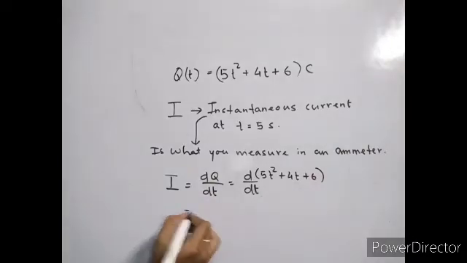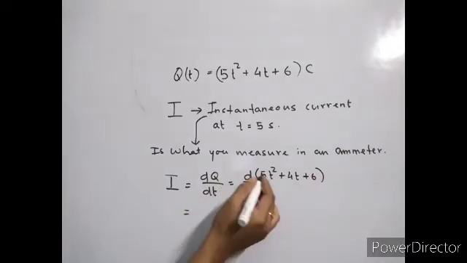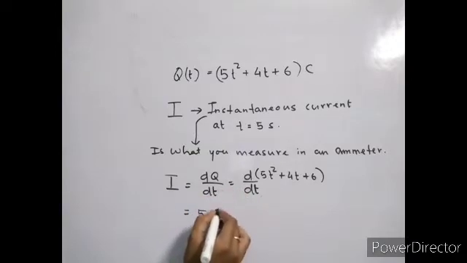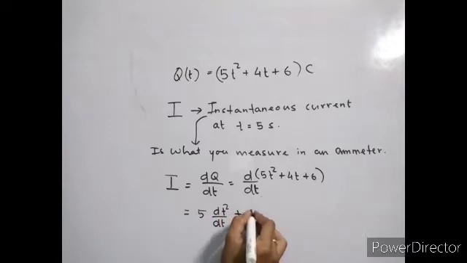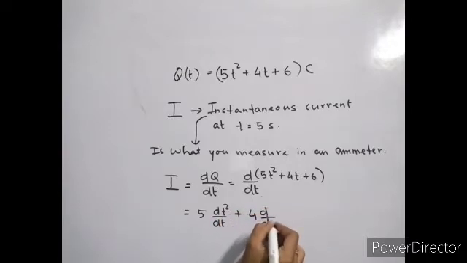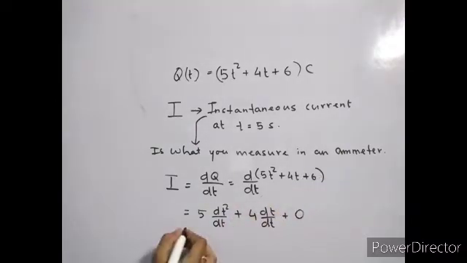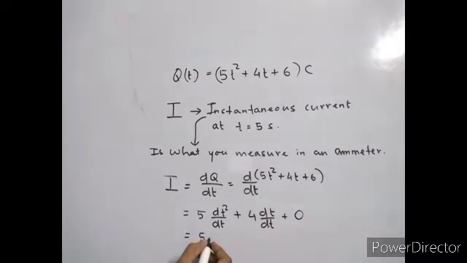If we differentiate that with respect to time, we have 5 goes outside, d by dt of t squared, plus 4 goes outside, d by dt of t, plus the derivative of the constant 6, which is equal to 0. And this is equal to 5 times d t squared by dt, that is 2t, plus 4, where dt by dt goes to 1, and obviously the last term is 0.